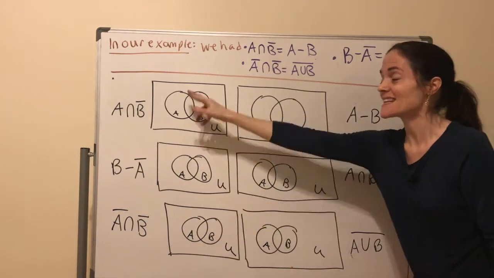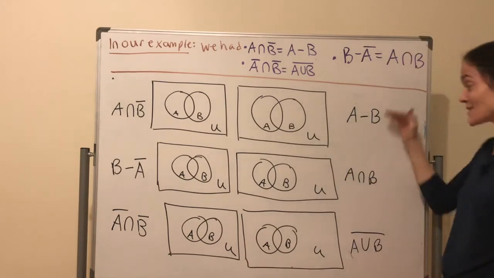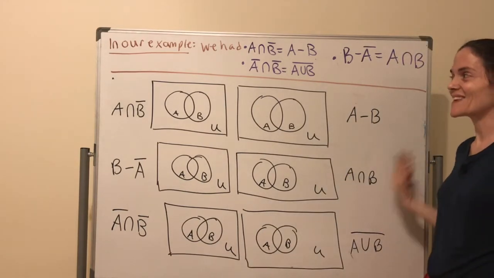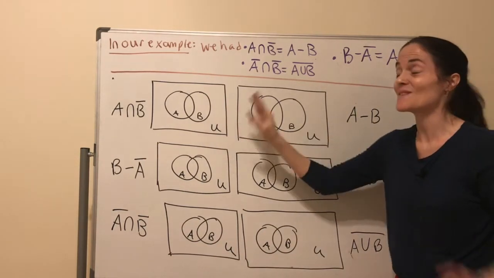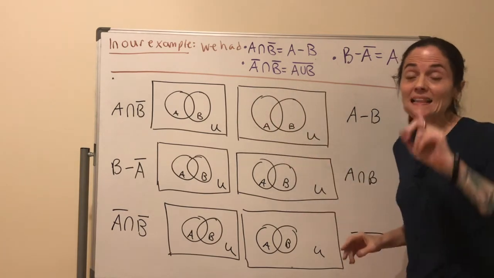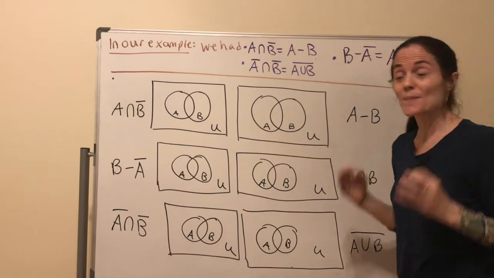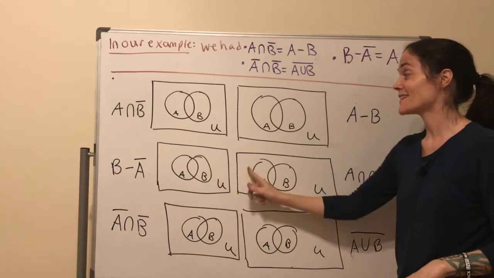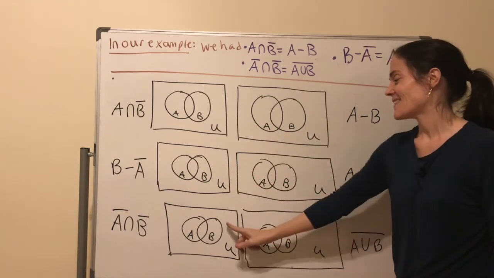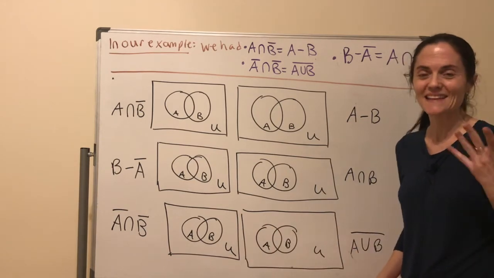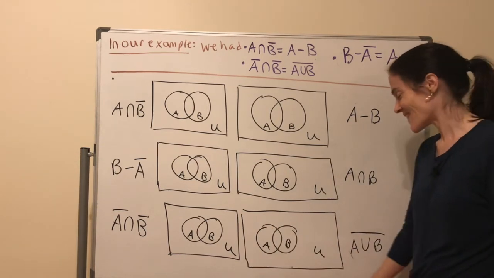Over here is the left-hand side of the equations. Over here is the right-hand side of the equations. And we should see when we shade things in that the regions that are shaded here and here match up, and here and here match up, and then here and here match up like this. Okay, so here we go.